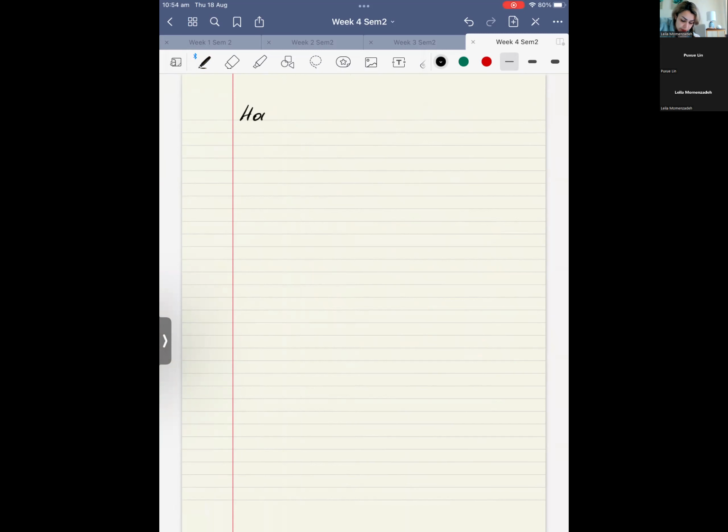How to find the global minimum and global maximum of a function.